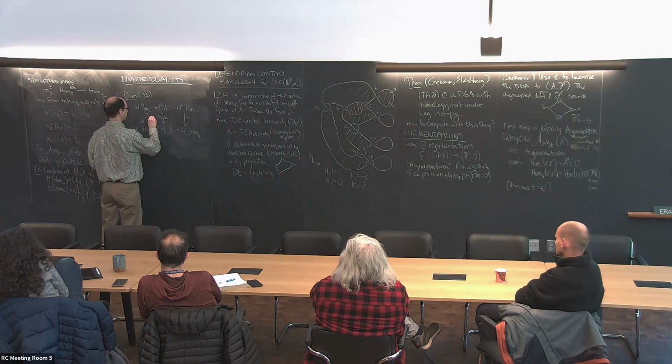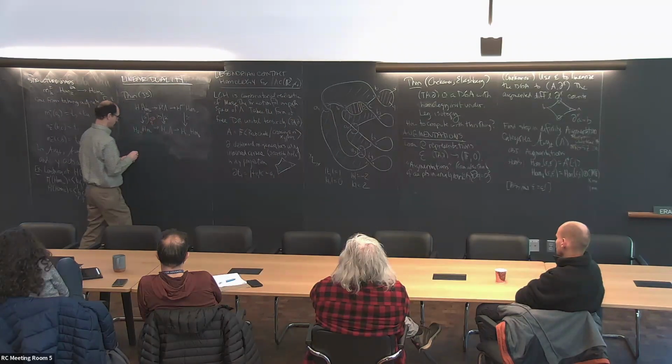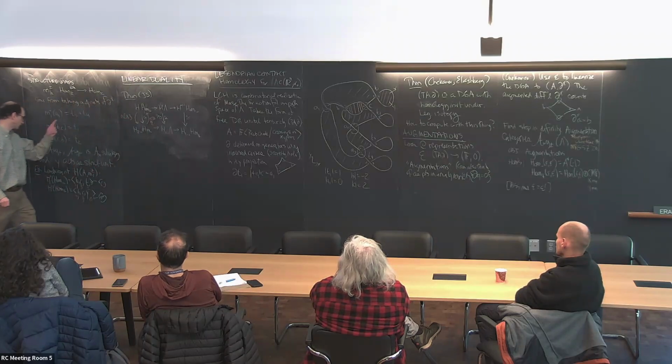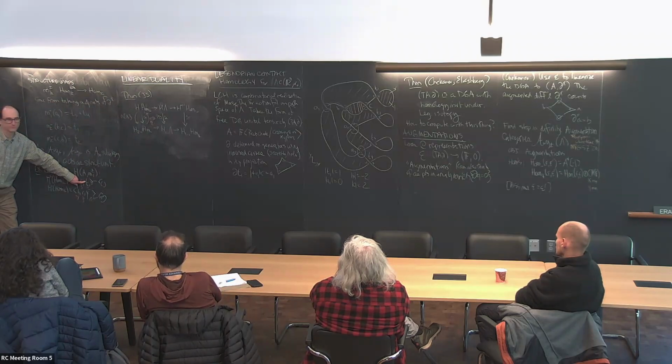So I'll write it like that, and I'll call this eta, and the map going down this way really is some kind of capping with the fundamental class, and I really mean that as capping with this kind of fundamental class here. Okay?